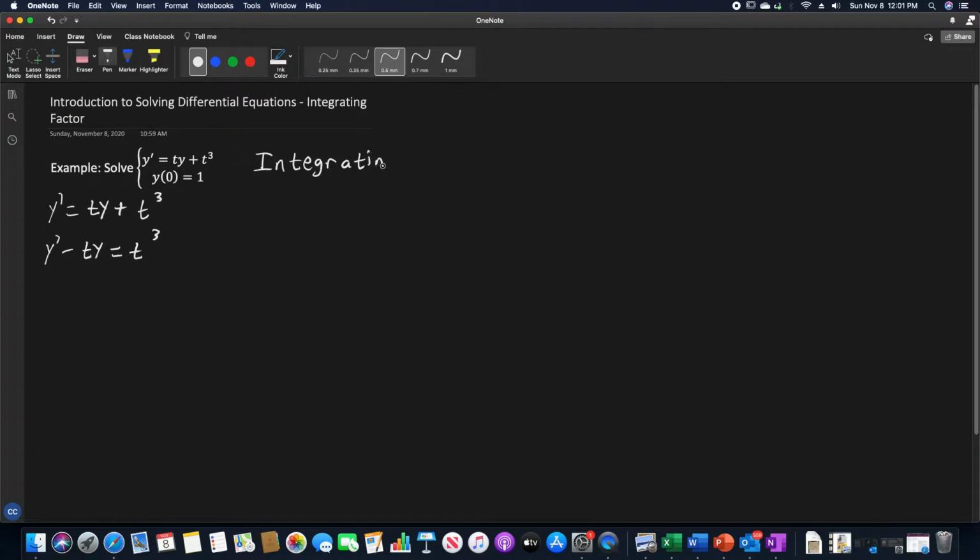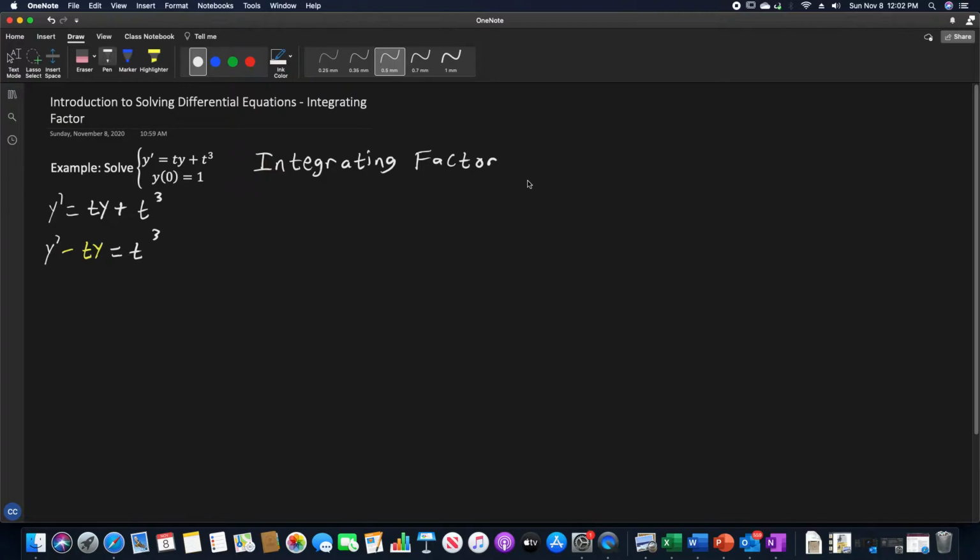Because of this negative ty right here, the integrating factor just takes the coefficient.